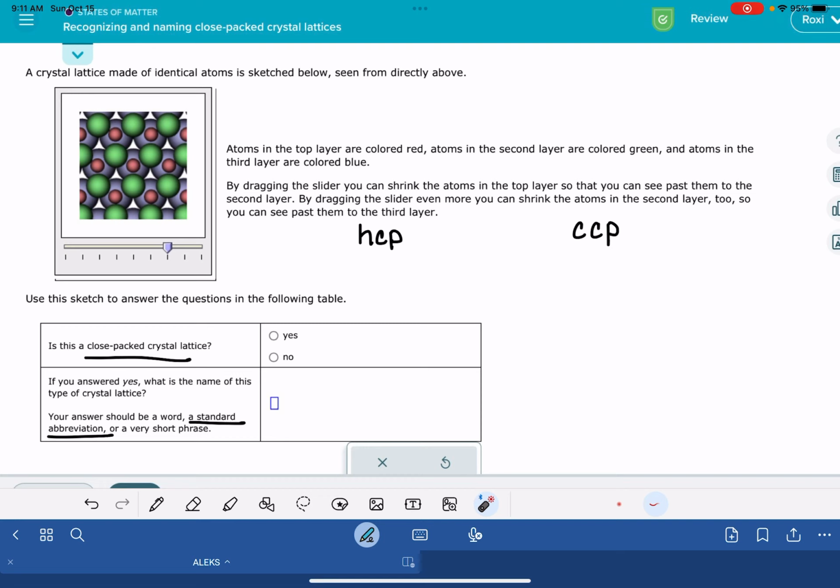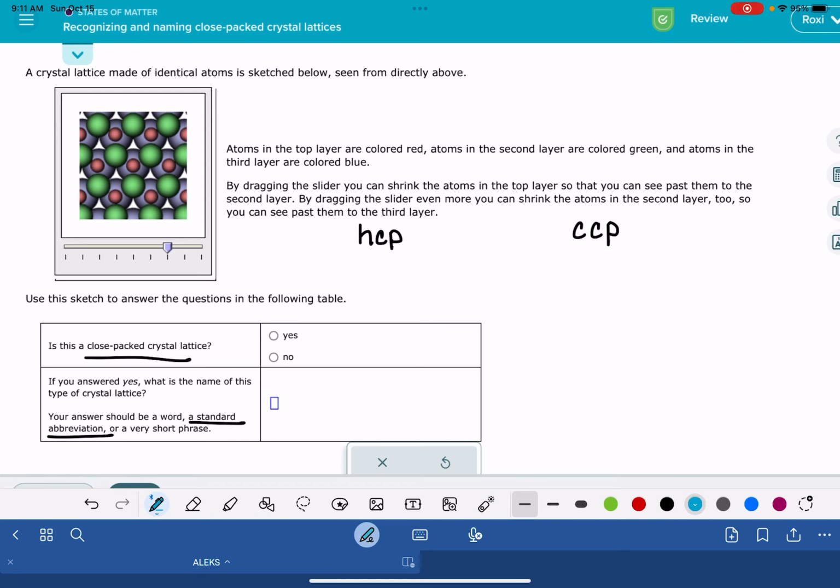And so I think the easiest way to solve this problem is to look for the hexagonal close-packed structure or the cubic close-packed structure. If you've got one of those, then that's the answer. And if you can't find hexagonal close-packed or cubic close-packed, then that means that no, you don't have that particular type of crystal lattice.